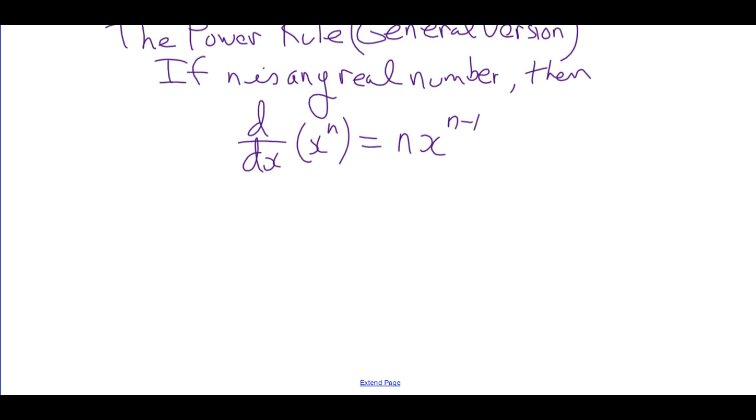We've got room to do a couple down here. Differentiate. f of x is 1 over x squared. What's f prime of x?